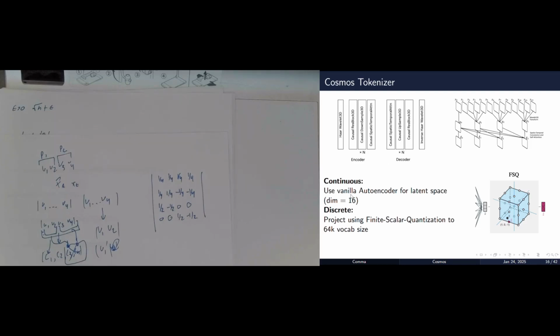So now, again, we're down to dimension 16, but then we want to project that and create discrete tokens out of it. And we're going to do that using something called finite scalar quantization, right? And then they're going to get a 64,000 word vocab size, right? And here's a good example, right? Here your output is only 3 dimensions, here it's 16, right? 3 dimensions we can visualize.